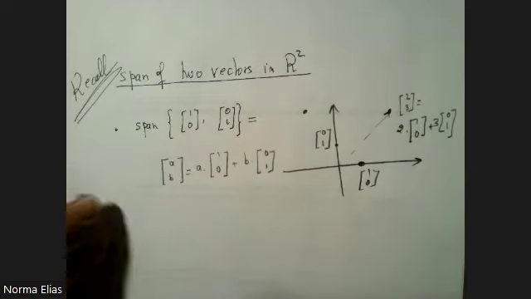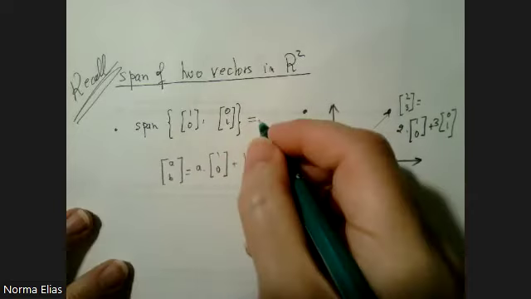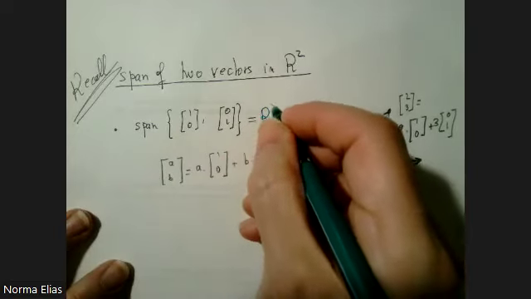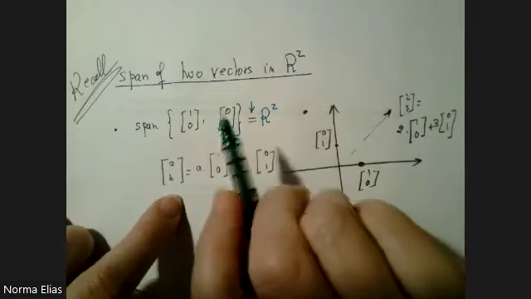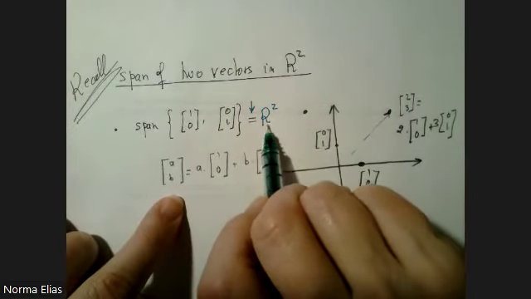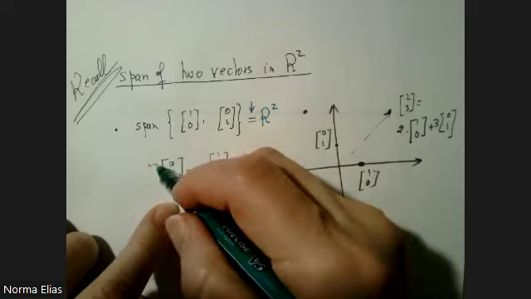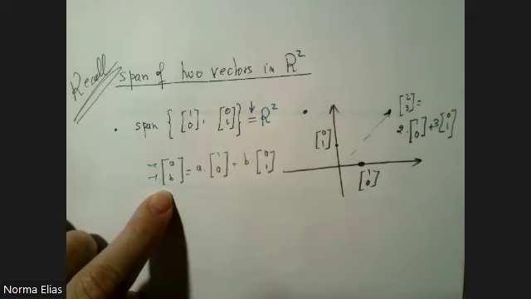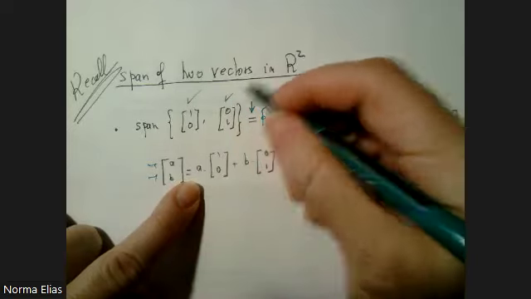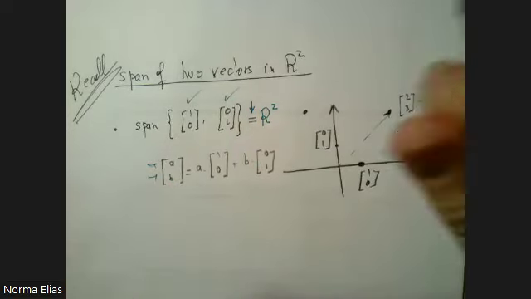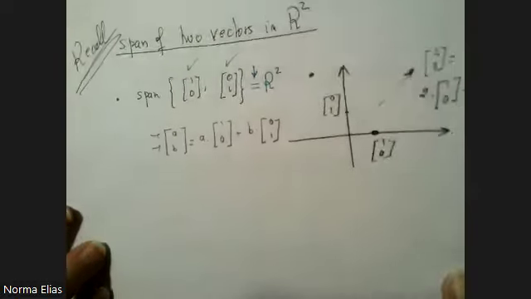Mathematically, we express this by saying that the span is R2. Which means, and this is usually a hard concept for us, that if you take any ordered pair of numbers, you can write it as a combination of this vector and that vector, regardless of what it is.